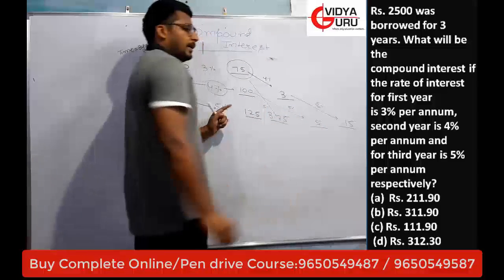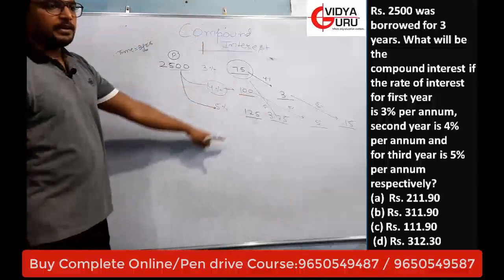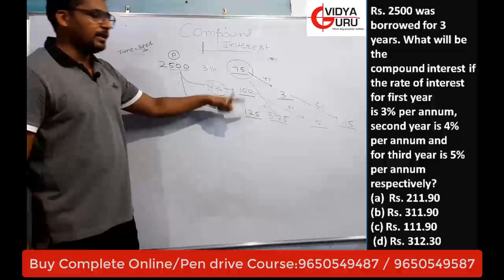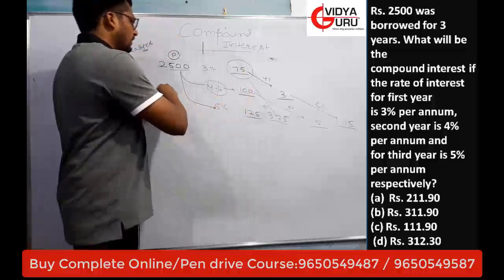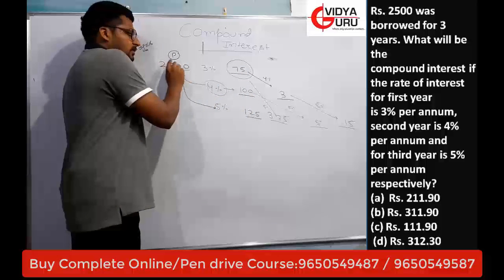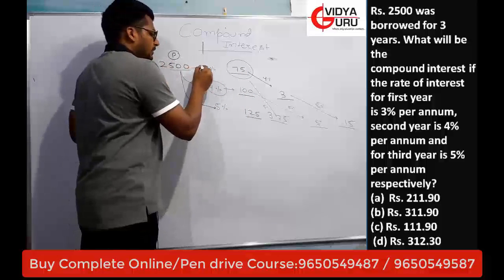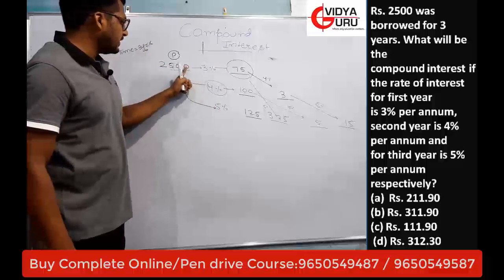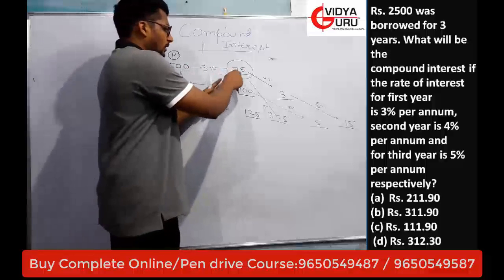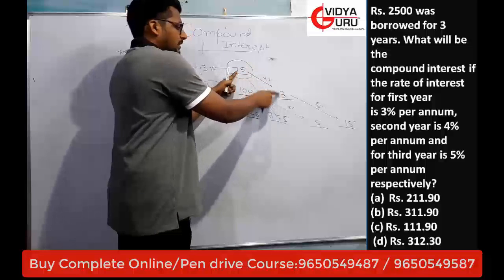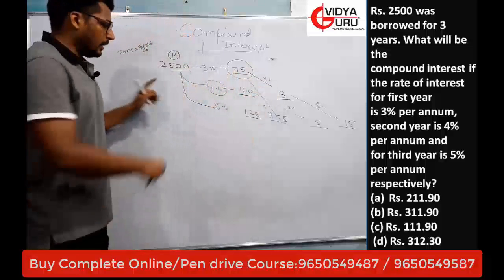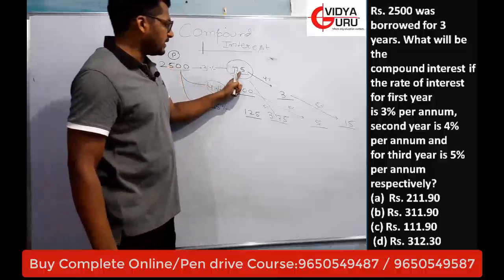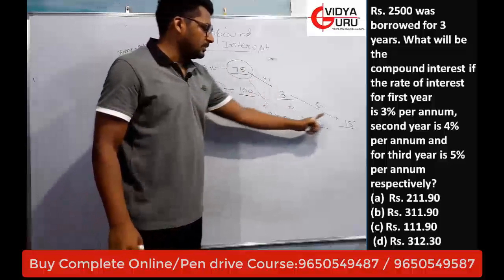That means every year we receive interest on the principal also, and on every year's interest also. In the first year there was only principal, so I received 3% interest on this. In the second year I received 4% interest on the principal, and 4% on the first year's interest also. For the third year I received 5% on 2500, and 5% on this and this also.